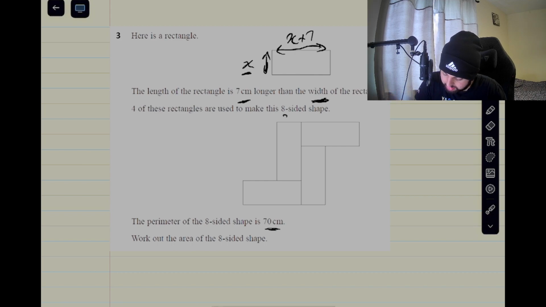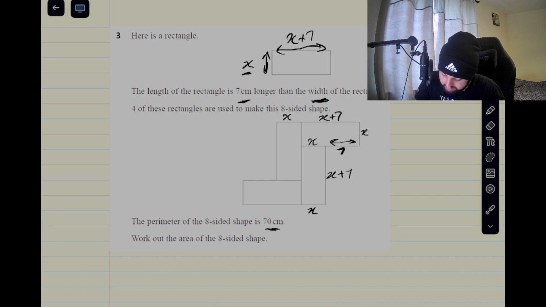So this over here is x. This is x plus 7. This over here is x. Now this length over here may catch you off guard, but it's quite easy. Because if this is x, and the length of this rectangle is 7 centimeters longer than x, this over here would just be 7. And this over here is x plus 7.